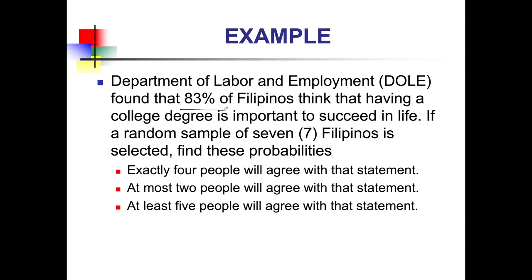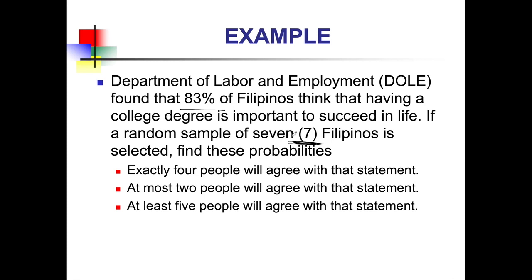Then, they are trying to prove or disprove this data against what is currently happening by taking a random sample. So this came from random sampling of 7 Filipinos. What is the percentage probability that the conditions below will happen?